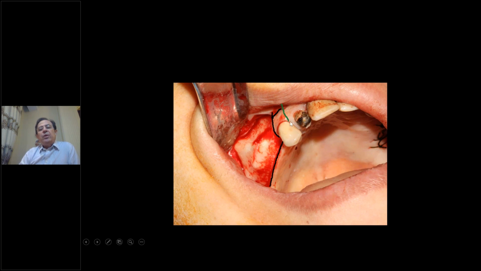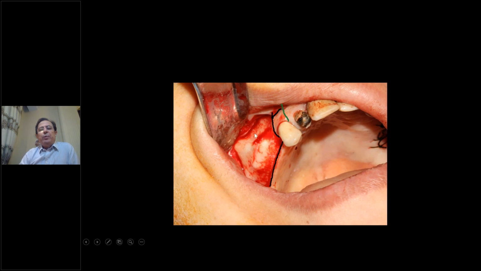And wherever we want to make the vertical incision, we should not involve the papilla. We must make it in the marginal line beside the papilla, to preserve the papilla, not in the middle of the papilla or the middle of the buccal, only beside the papilla.